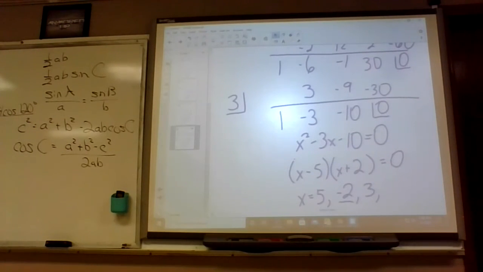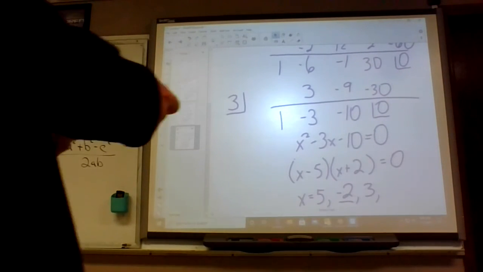Does 18 factor? Oh, here it is. Does 18 factor? Because it's factorable numbers, but the symbols don't match up. What goes into 6 that adds up to 5? 2 and 3. I'm messing with the wrong numbers.